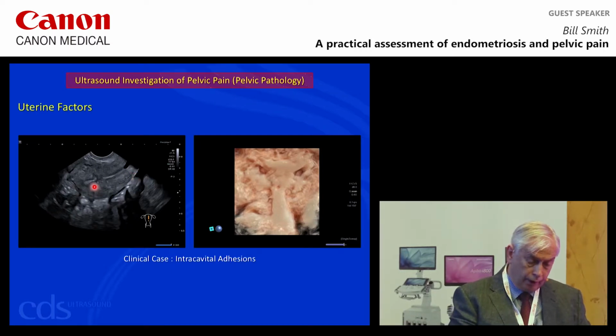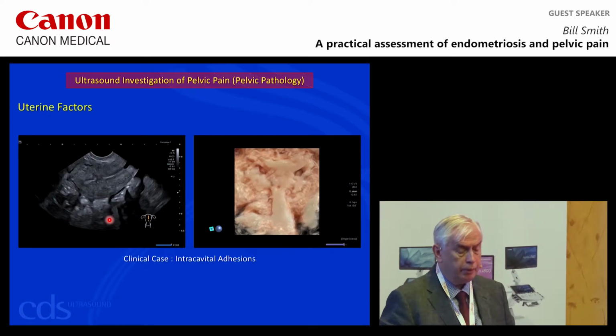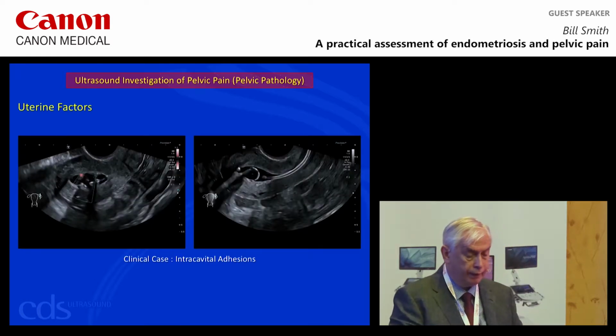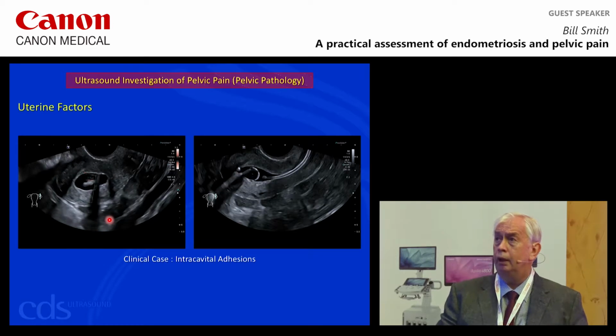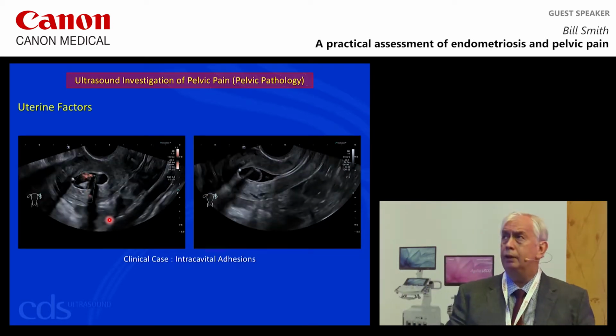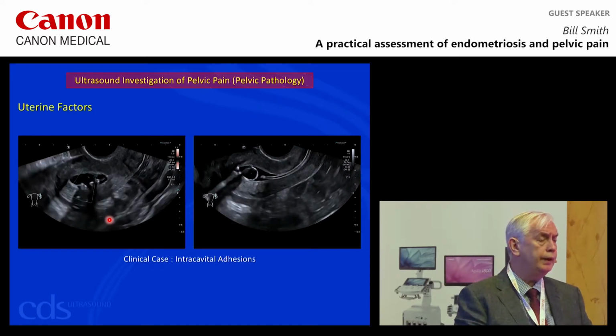Here, we're looking at obvious adhesions. These will cause pain. These will cause pain around menstruation. It's not endometriosis. And with adhesions, we do try and break up the adhesions. We have had a degree of success in doing this.